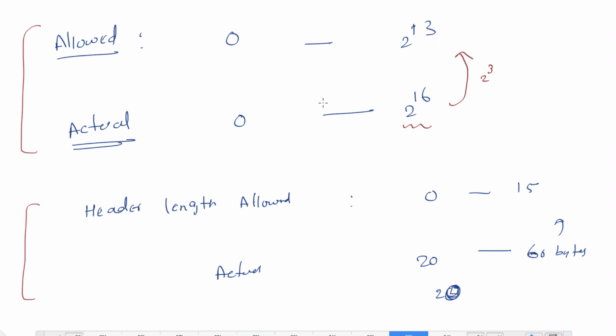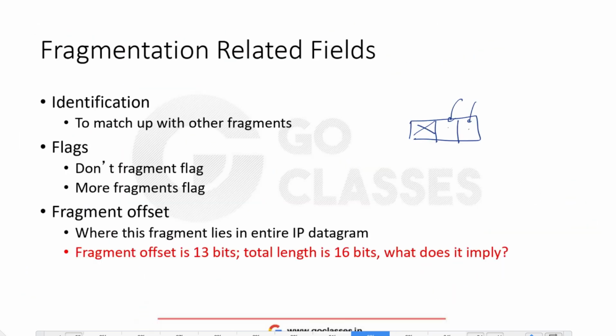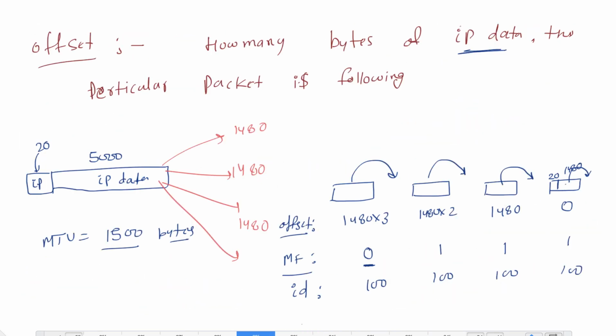So whatever the actual fragment offset is, I will divide it by 8, and then I will write that as the fragment offset. So if my fragment offset is 480, then the fragment offset field will not contain 480, it will contain 480 by 8.